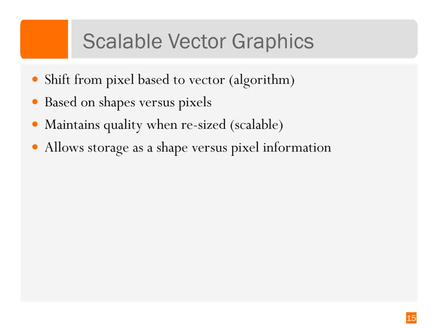So now we need to talk about SVG, which is an acronym for Scalable Vector Graphics. With Scalable Vector Graphics, this is a particular library that we're going to utilize that helps us shift from pixel-based images, pixel-based shapes, to what are called vector using an algorithm.